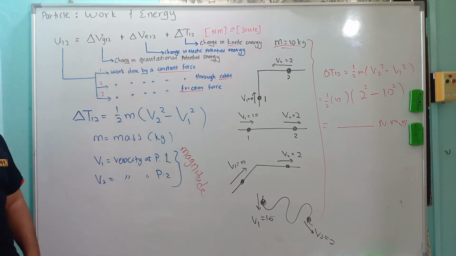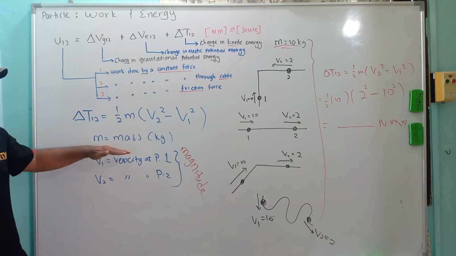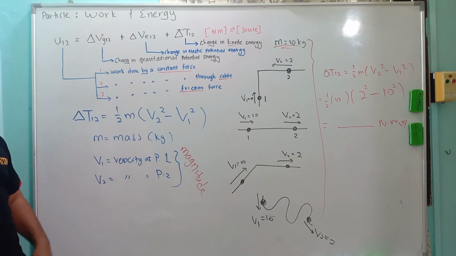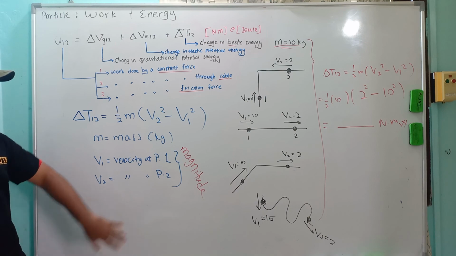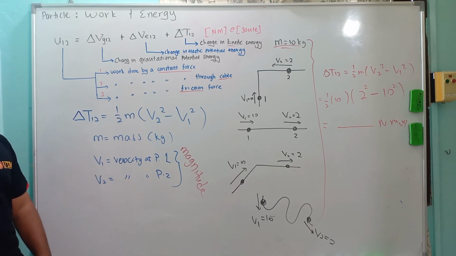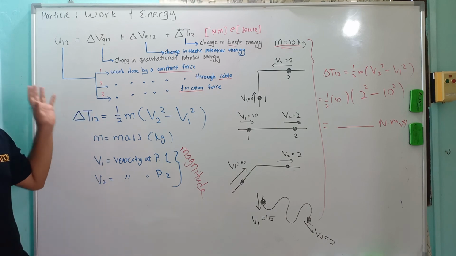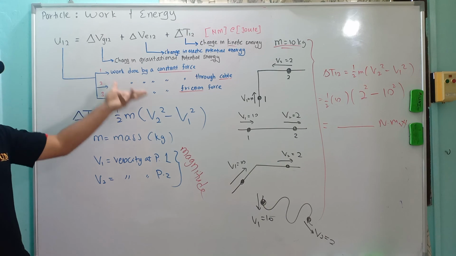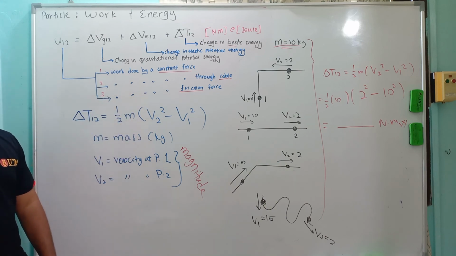And the last one is change in kinetic, the difference in the velocity from position 1 and position 2, and you want to only take the magnitude, not the direction. Okay, so later on we'll go to the example so that we can clearly see how we put all the equations together in a simple problem, hoping that you will understand the problem more and how to use this. Okay, so see you later.